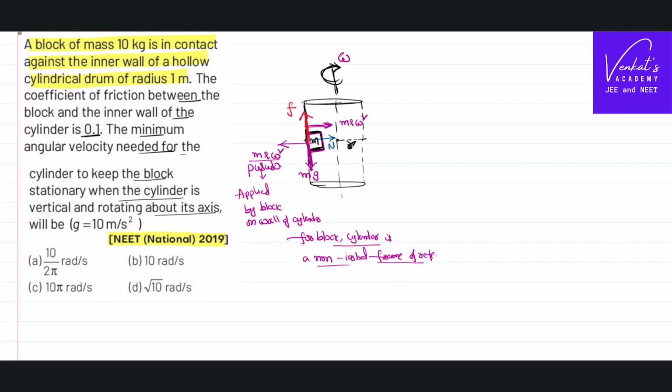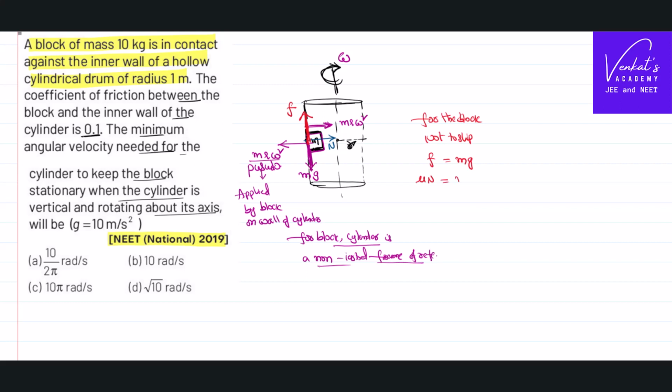So what we can say is, for the block not to slip even when the cylinder is rotating, the force acting upward, the frictional force, shall be equal to the force acting in the downward direction, that is the weight of the block.